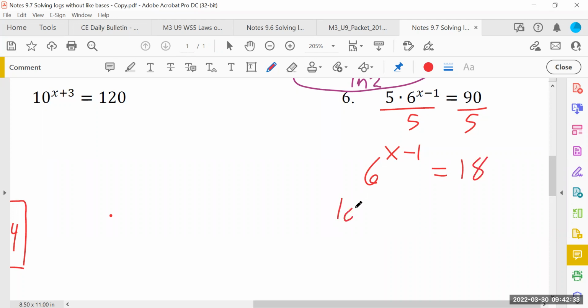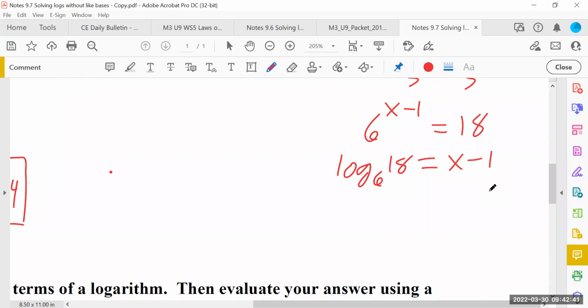So 6 comes down, log base 6 of 18 equals x minus 1. Add 1 to both sides.